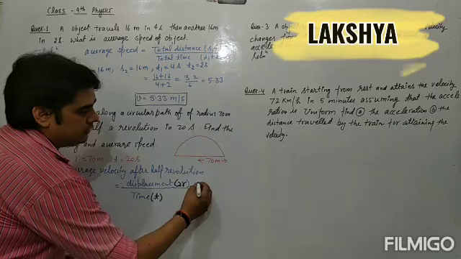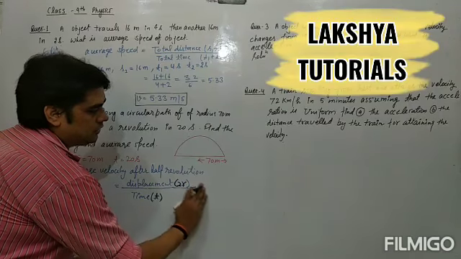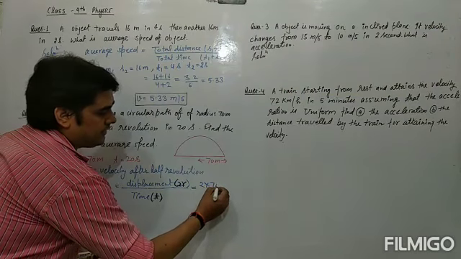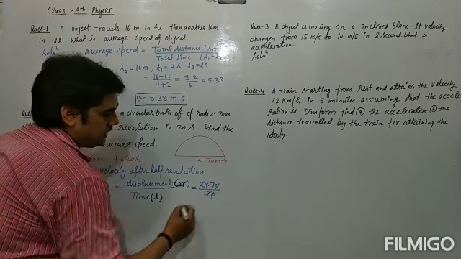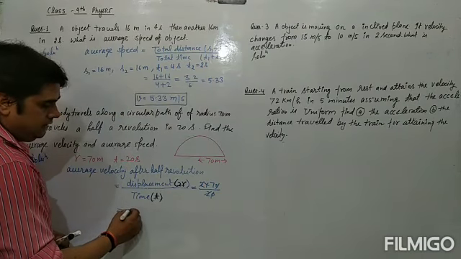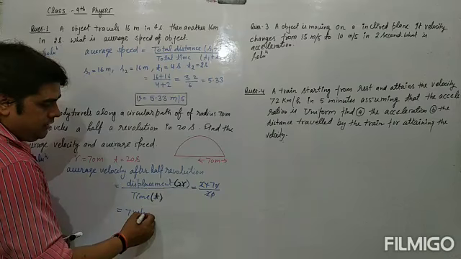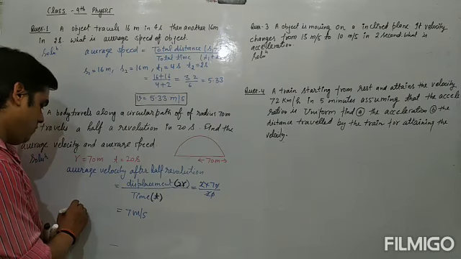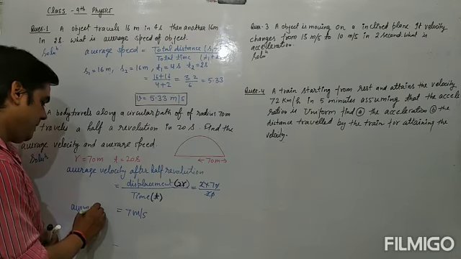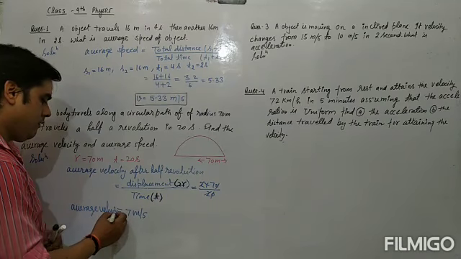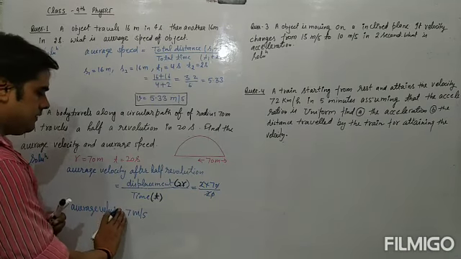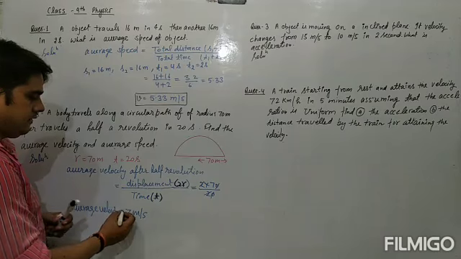When you put the value, this is 2 into 70 upon time, which is 20. 2 and 2 cancel out each other. Then average velocity is 7 meter per second.